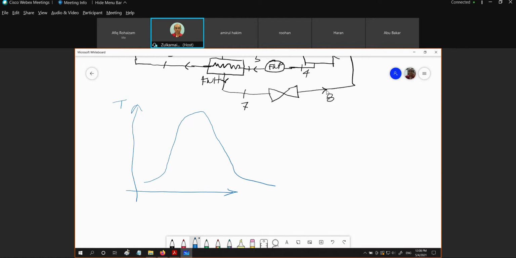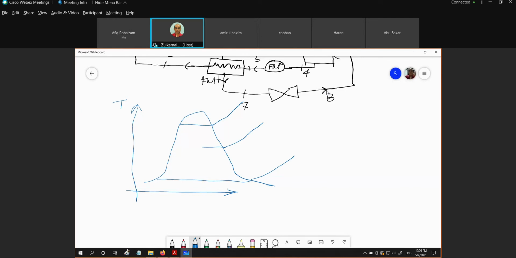The highest pressure, this is the boiler pressure, correct? The lowest pressure is our condenser pressure. And the intermediate pressure should be the pressure of the blended steam.